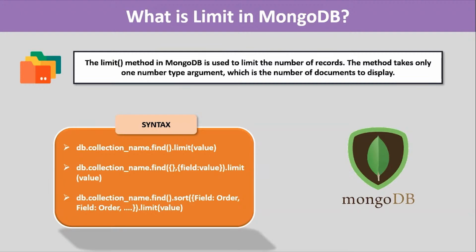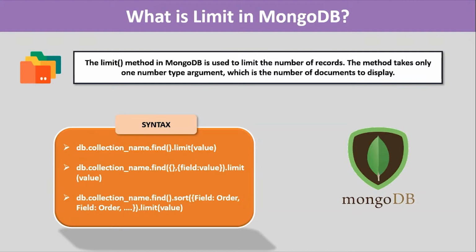Let's say if I give the value as 5, it will display the first 5 records or documents from that collection. And similarly, you can also use the projection where you can display the fields as per your requirement by giving the values and also the limit value. And simultaneously, you can also sort the data and limit those documents in the collections as well.